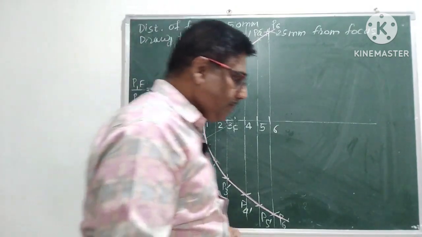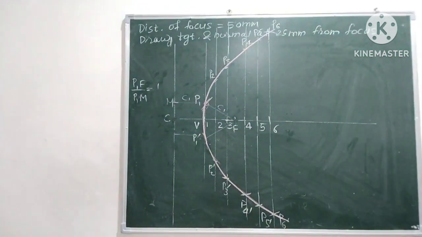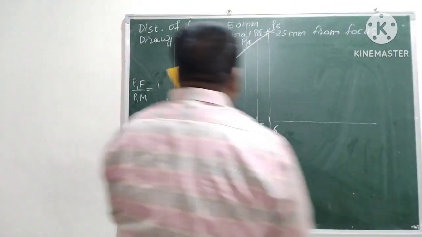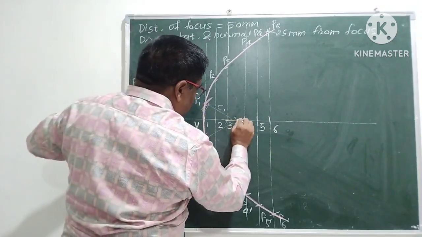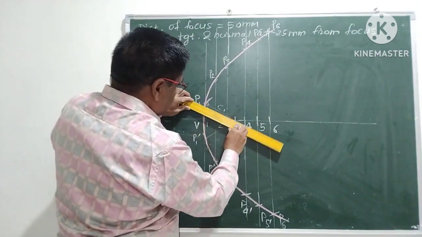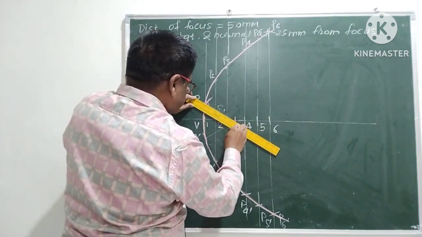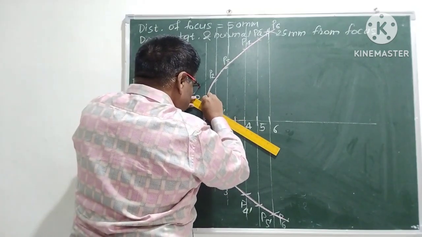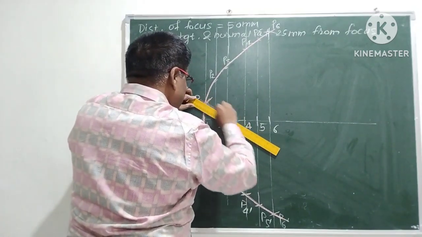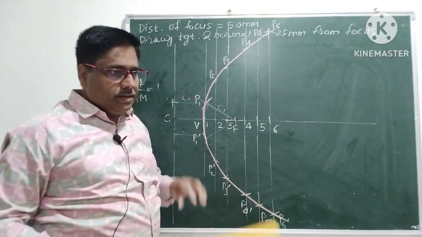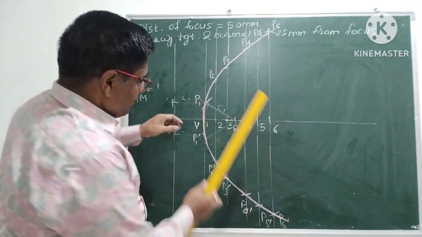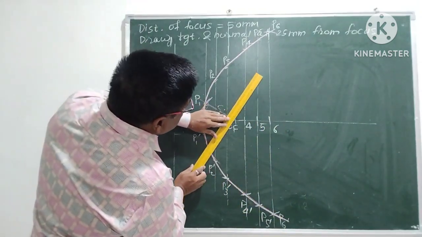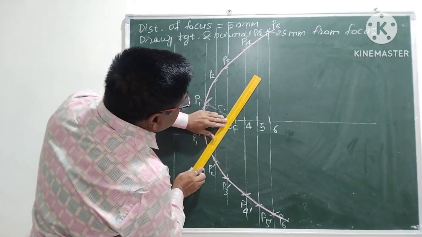For that, draw a line passing through the focus and this point. After that, draw a line perpendicular to this line.